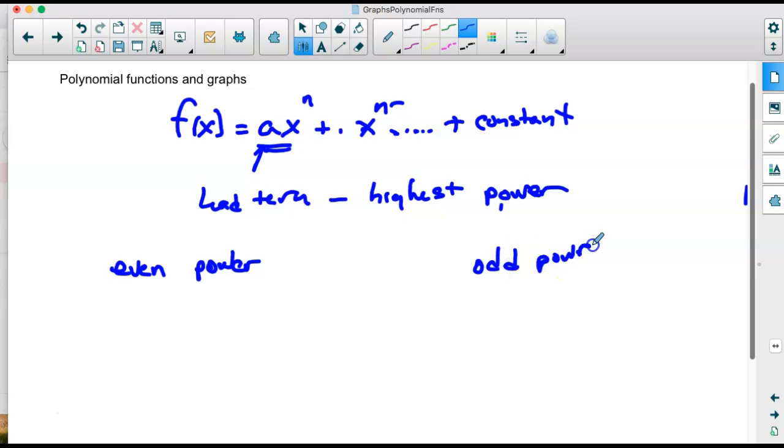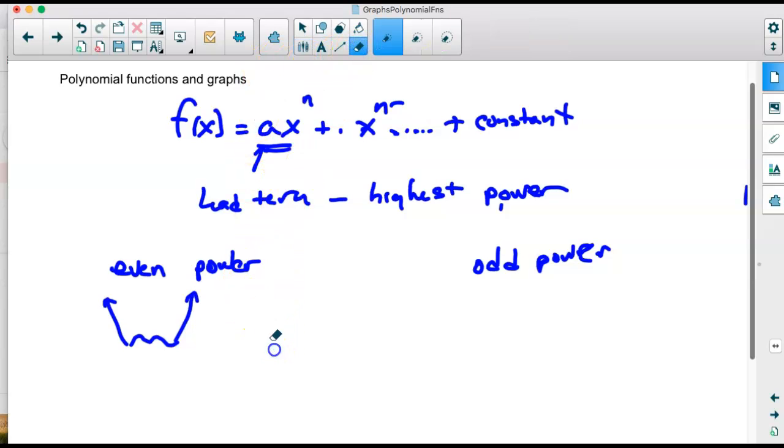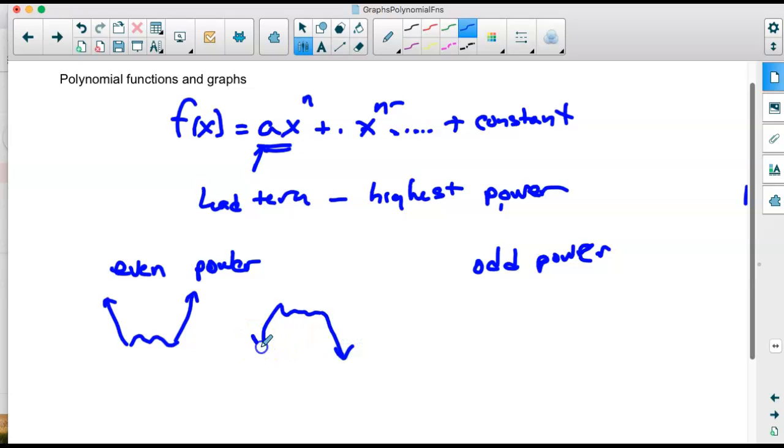Even power functions either go up on the right and left hand side, and there may be some turns in here, or they go down from either side, and they might have some turns in them. So even power functions either go up or down, and have something happening in the middle.